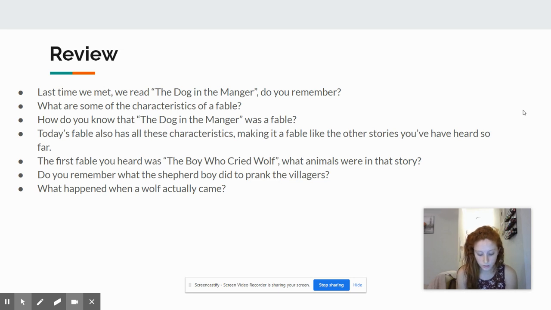So it's short. It has a lesson. It's fiction, and it uses personification. Remember, personification is when animals act like humans. So those characteristics made it a fable. Okay, so today's fable also has all these characteristics, making it a fable like the other stories that you've heard so far.